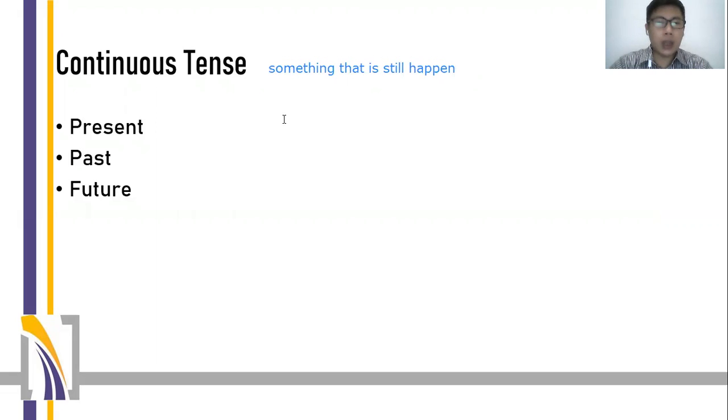So continuous tense could happen in the present, in the past, and in the future. Now we'll see what will happen for the continuous tense one by one.